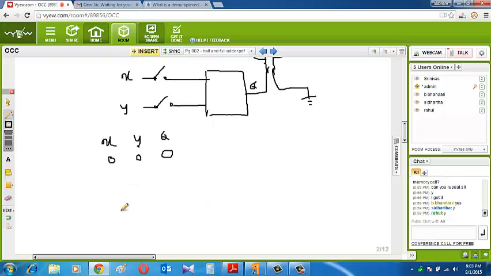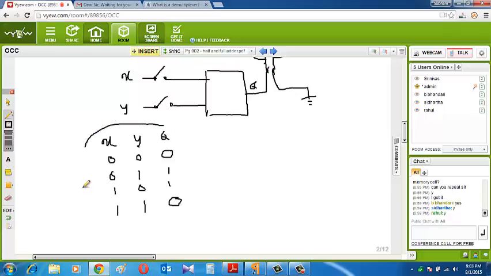Now if both inputs are 1, then again the output should be 0. The only cases: if X is equal to 0 and Y is equal to 1, then it should be 1. If X is equal to 1 and Y is equal to 0, then it should be 1, because one switch is pressed and the other is open, so your light will glow. So with this condition we make a truth table.